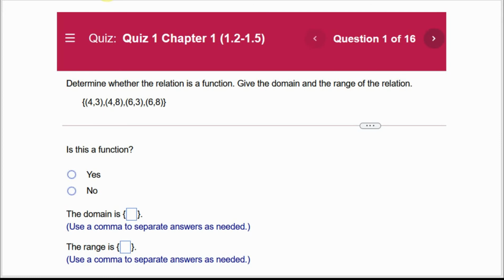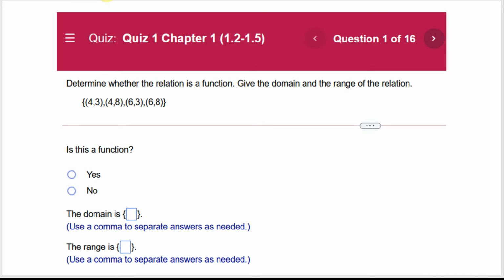Well, here let's review. You remember that when we first got together, we talked about the idea of a function, what that meant, some relation between an independent set with respect to a dependent set. And we said it's a function if no two pairs have the same first coordinate.